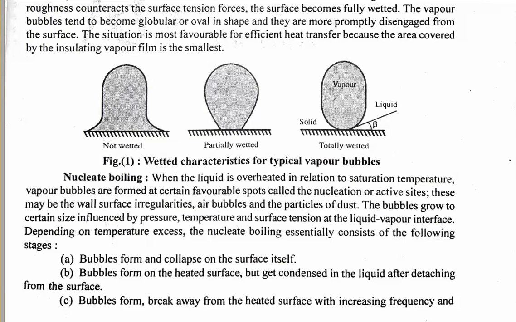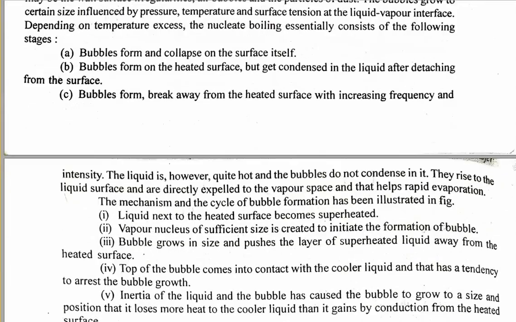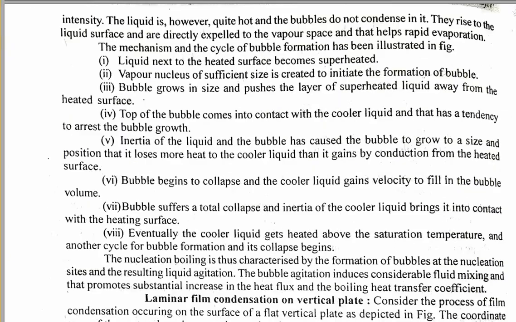Third, bubbles break away from the heated surface with increasing frequency and intensity. The liquid is, however, quite hot and the bubbles do not condense in it. They rise to the liquid surface and are directly expelled to the vapor space, and that helps rapid evaporation.